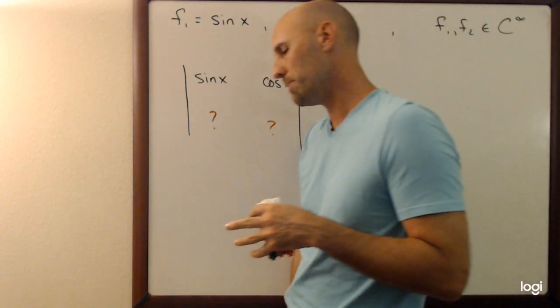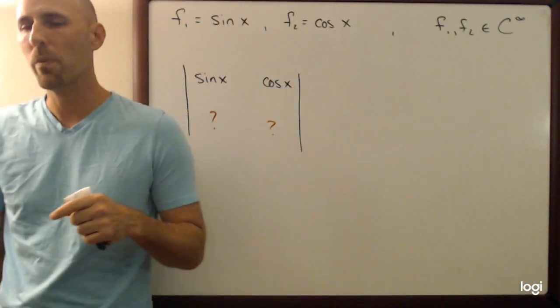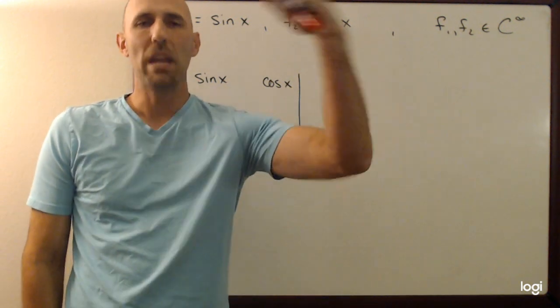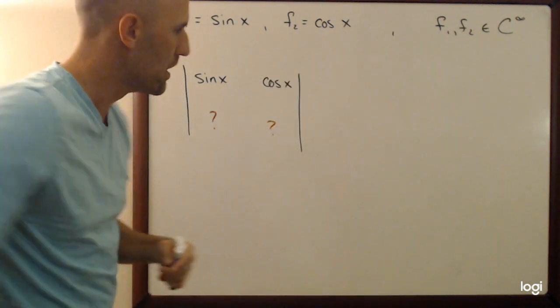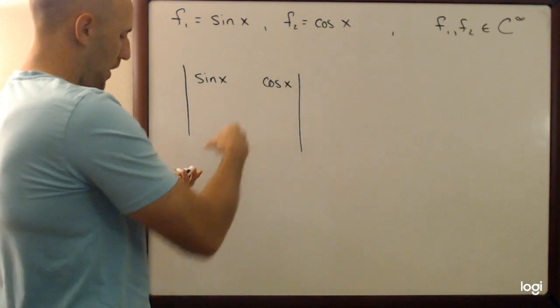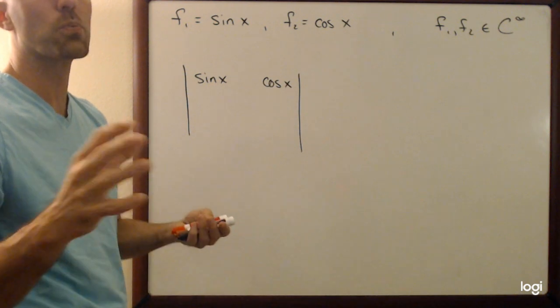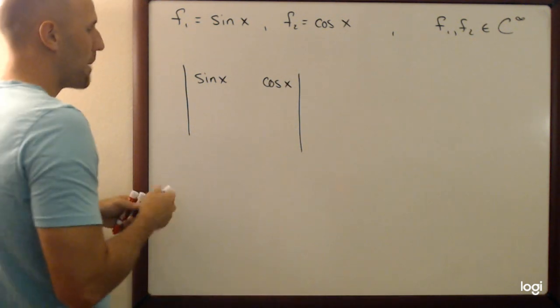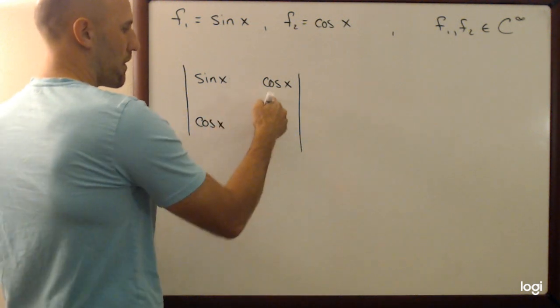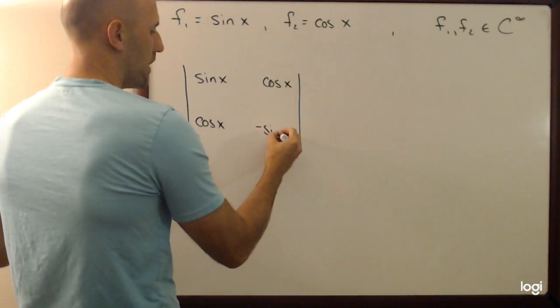What you're going to do is take a derivative of a row to make the next row. So to make the second row, I'll take a derivative of the first. The derivative of sine x is, of course, cosine x, and the derivative of cosine is negative sine x.